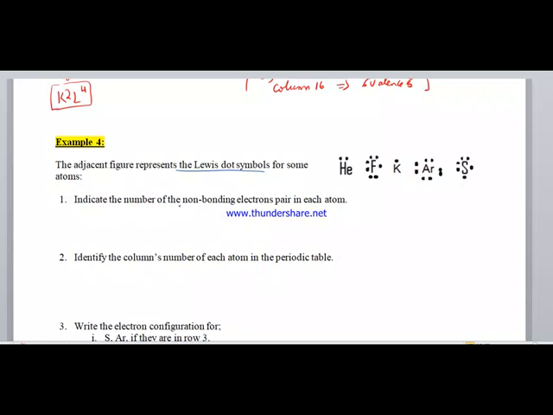Indicate the number of non-bonding electron pairs. In a Lewis dot symbol, if an element is represented like that, this pair of electrons is known as a non-bonding pair, or a lone pair.